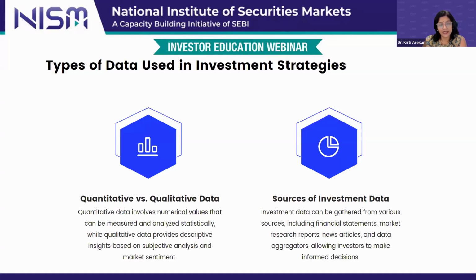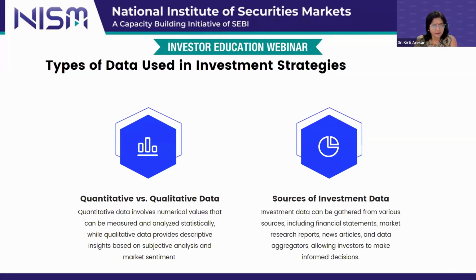There are two types of data, quantitative and qualitative. Quantitative data is based on numerical values. Earlier we used only numerical values, because we didn't have the tools and technology to analyze qualitative data.